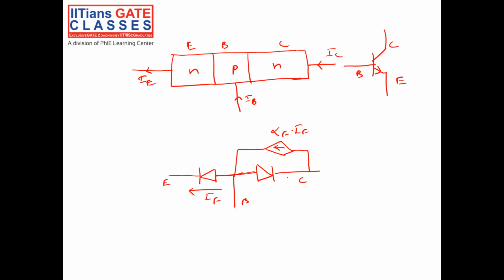Similarly, when there is a current in the base to collector junction, let us denote it as IR. Some part of this current will also flow through the emitter base junction diode, given by alpha R into IR. Let me repeat again.